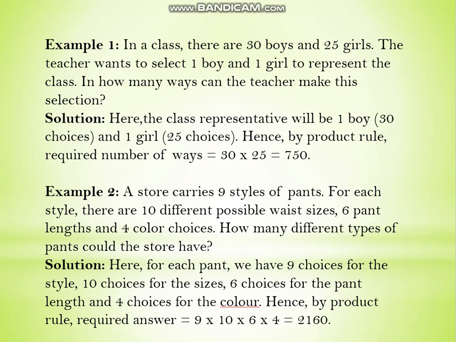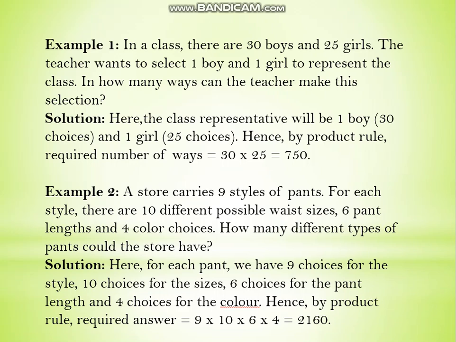The number of possible pairs follows the product rule, so the required number of ways is 30 into 25, that means 750 possible pairings to represent the class, one boy and one girl.